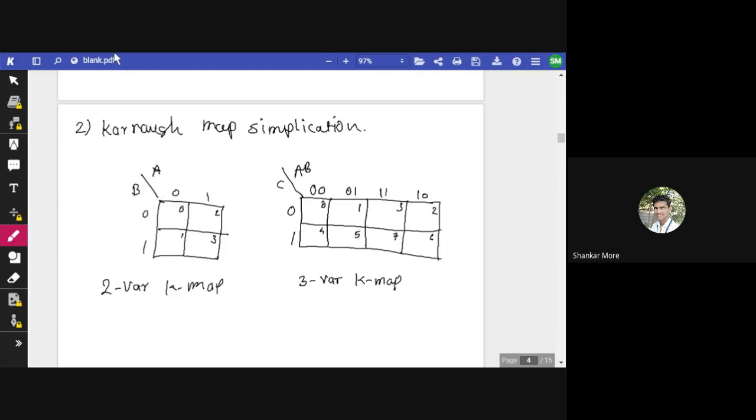Actually we don't need to remember these numbers written inside, we can find them as well. Correct or wrong? Just a second. Maybe I'm writing it in a wrong way.